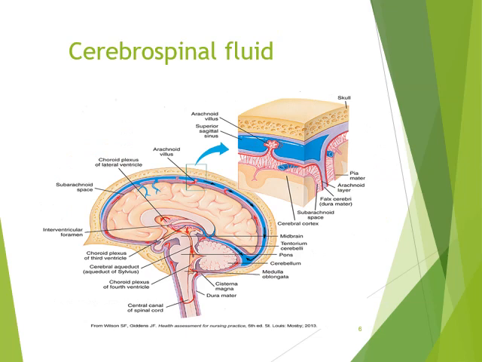Okay. Now this is just a picture of your cerebrospinal fluid, which is very important. You can see the brain stem, and this is the choroid plexus, and the cerebrospinal fluid is made there, and then circulates around the brain and down through the spinal cord and softens the blows.